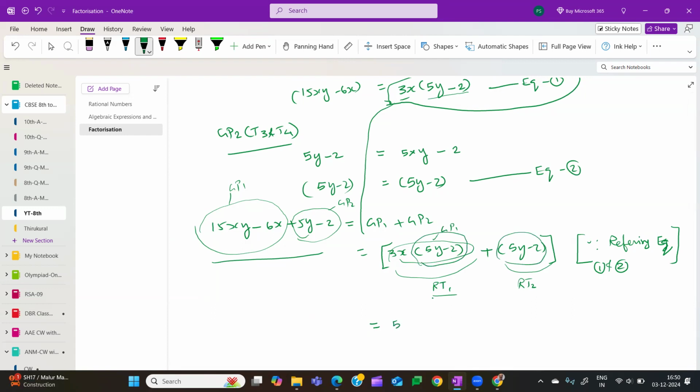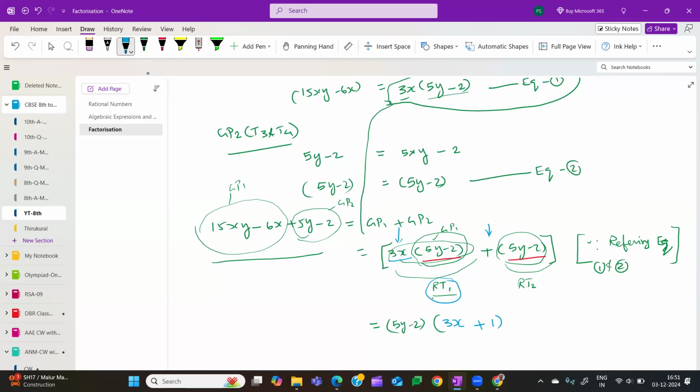So 5y minus 2, we are taking it outside. And after taking 5y minus 2, what is left out here? I'm just underlining 5y minus 2 in red color. That is a common factor here. What is left out, I'll mark with blue color. So here we have 3x left out from RT1. Then this plus, as it is, we have to write it. Then when we take 5y minus 2 out, what is left out is 1. You have to take it as 1.